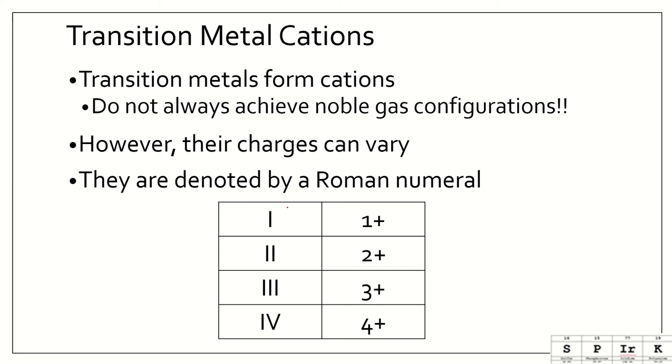So you see here that the Roman numeral for the number 1 denotes 1 plus, 2, 2 plus, 3, 3 plus, 4, 4 plus. This is pretty much the only Roman numerals we will see and need to know. Beyond that, V is 5, VI is 6, and we may see VII, which is 7.